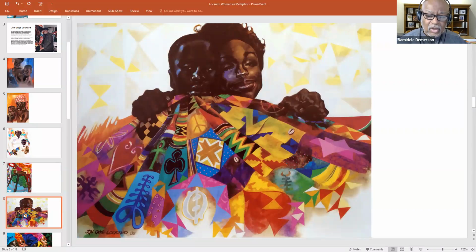And so this work was created in the late 80s, because approaching 1990, the University of Michigan in Ann Arbor was going to observe the 20th anniversary of the BAM strikes, the Black Action Movement.